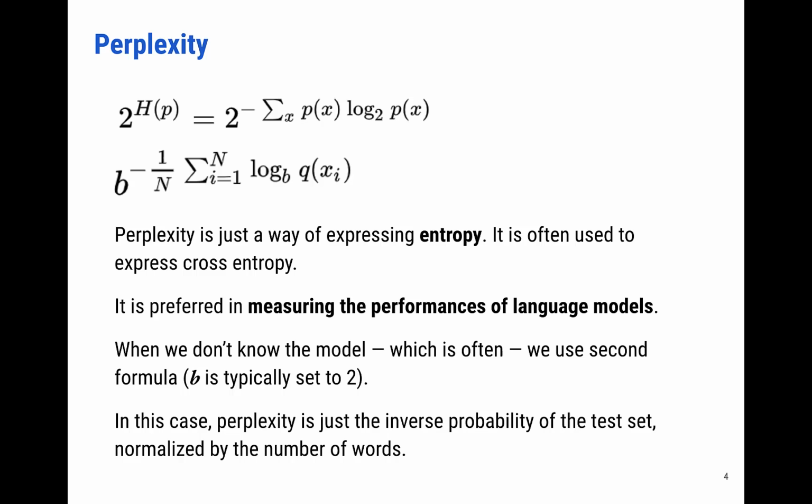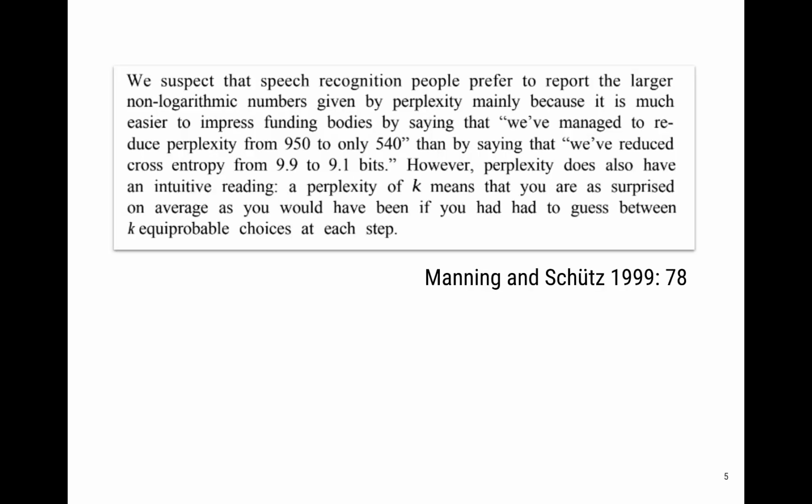I'm going to show you a quick quote here from Manning and Schutze, which is kind of funny, which refers to probably the motivation for using perplexity as a measure. They say, "We suspect that speech recognition people prefer to report the larger non-logarithmic numbers given by perplexity mainly because it is much easier to impress funding bodies by saying that we've managed to reduce perplexity from 950 to only 540, than by saying we've reduced the cross entropy from 9.9 to 9.1 bits.